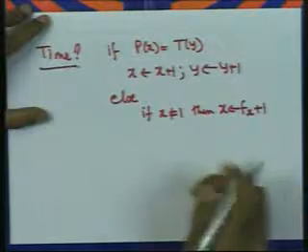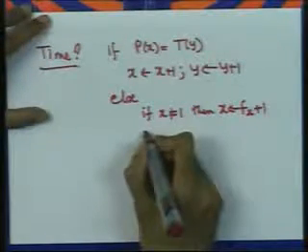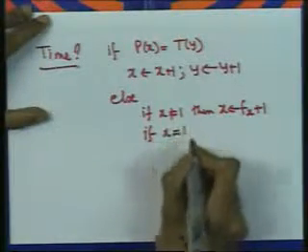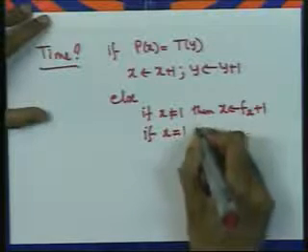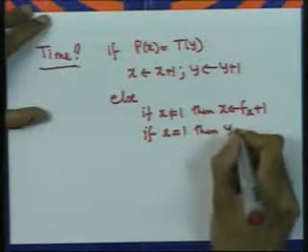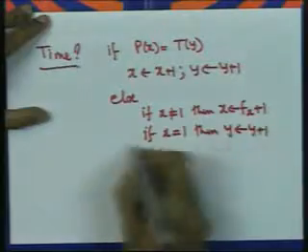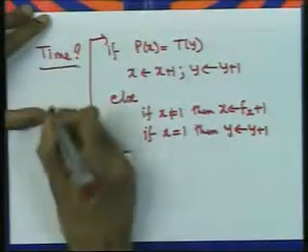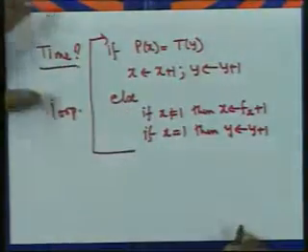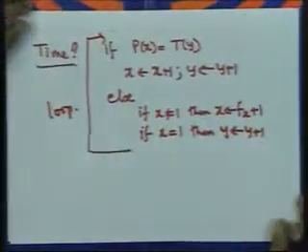So you shifted the pattern. If x equals 1, on the other hand, then y is y plus 1, and then you loop. This is the algorithm, and then you check for success.